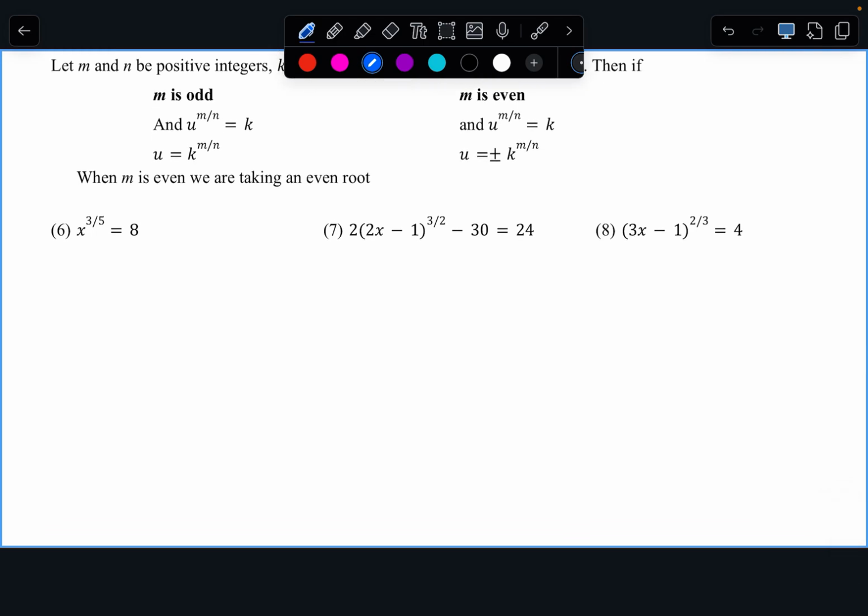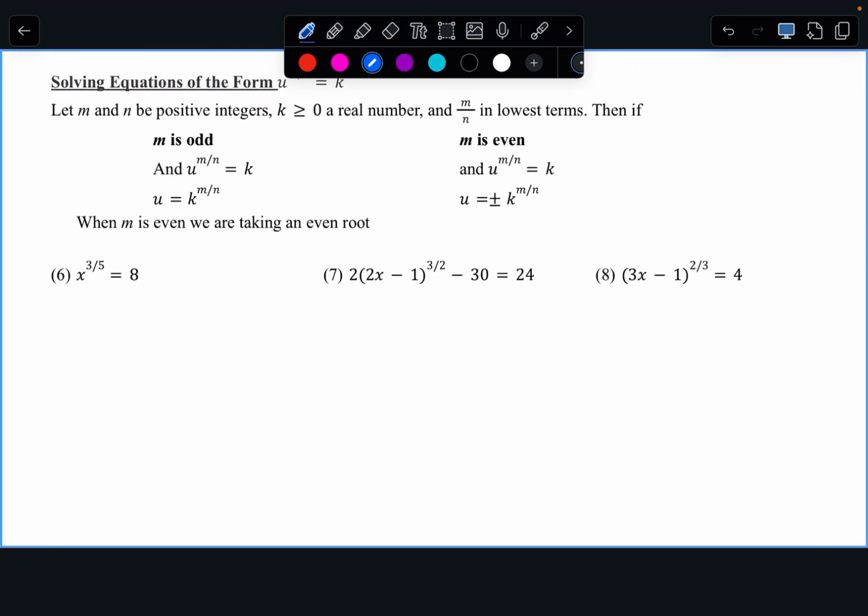Now, sometimes we're going to be solving things that have really messy exponents. And to get rid of those exponents, you do the reciprocal power of what that exponent is, which means you take the flipped version of that exponent.